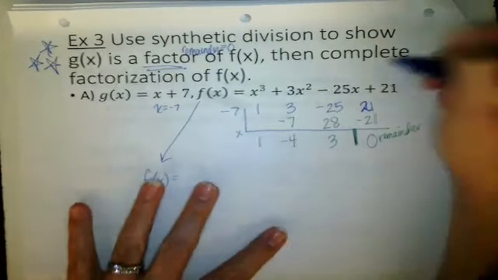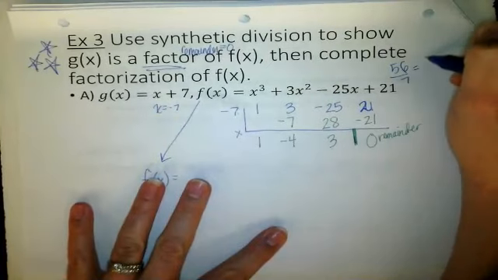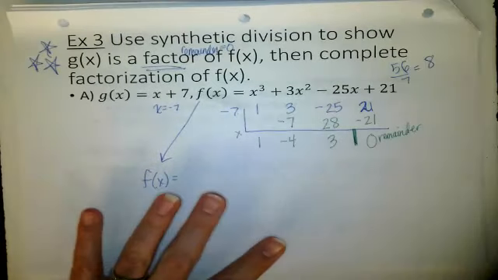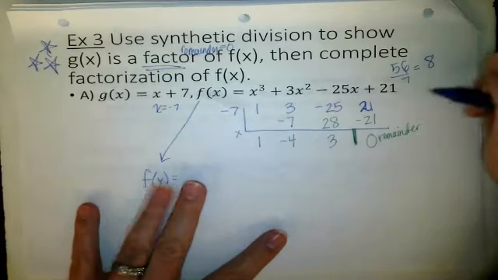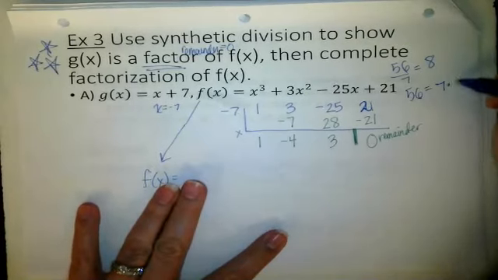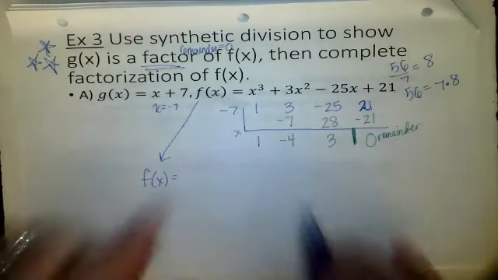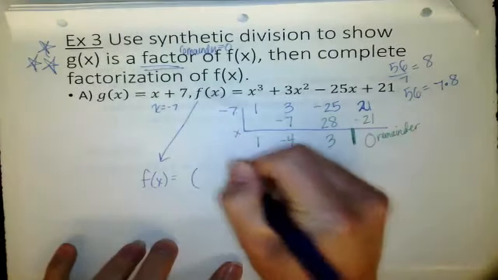For instance, if I take 56 and I divide it by 7, what do we get? 8, remainder 0. And then I can say, hey, 56 is really 7 times 8.